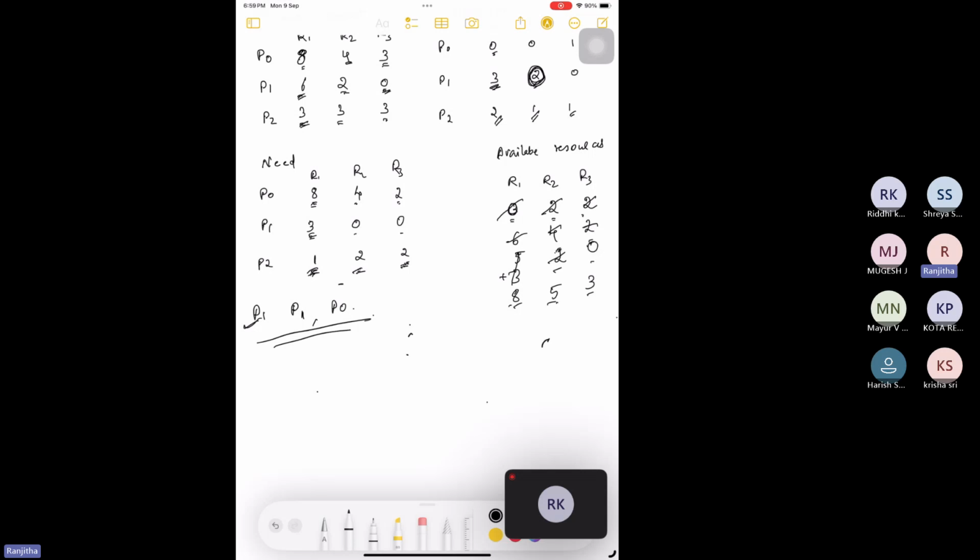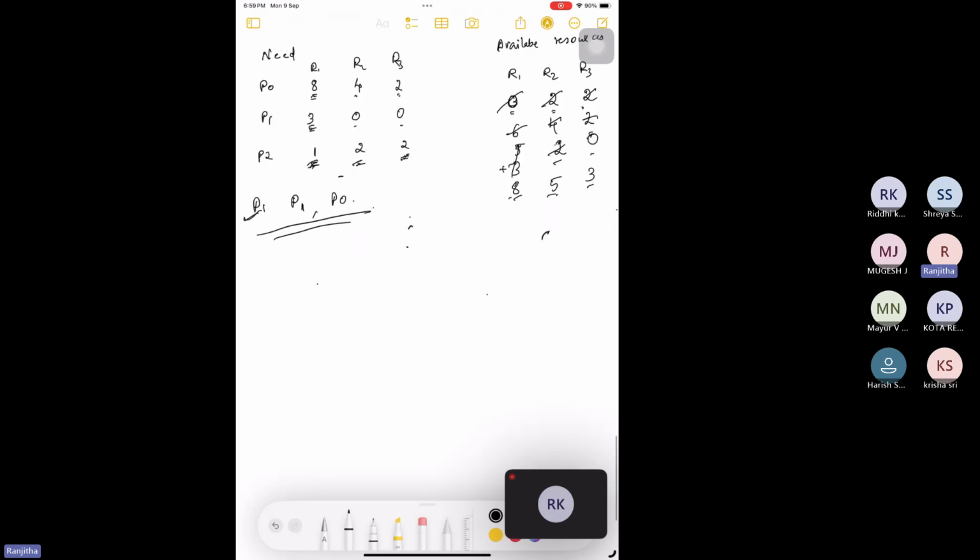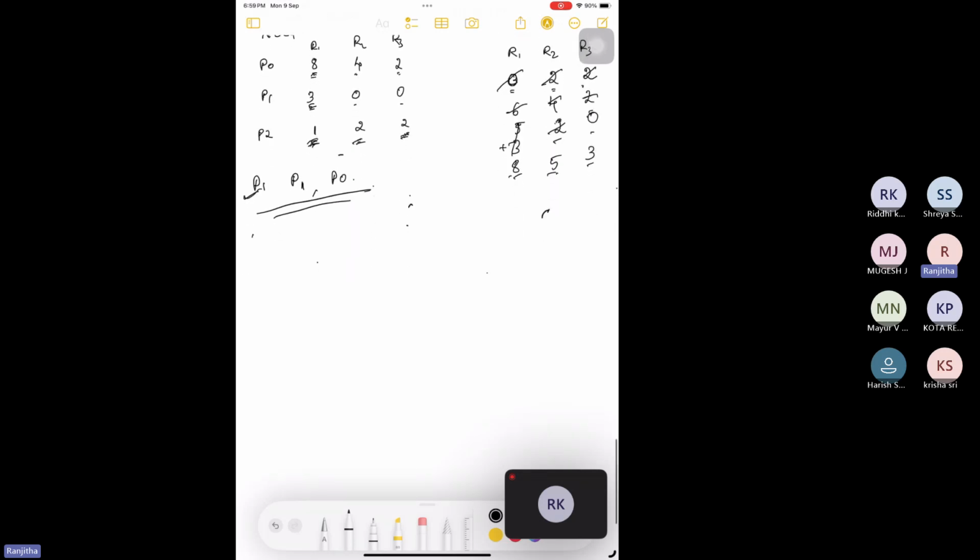Now the next topic is deadlock recovery. Once we detect the deadlock, how can we recover from it? One simple recovery mechanism is to raise an alarm. Another way is to perform preemption.